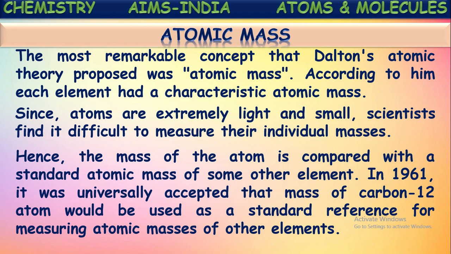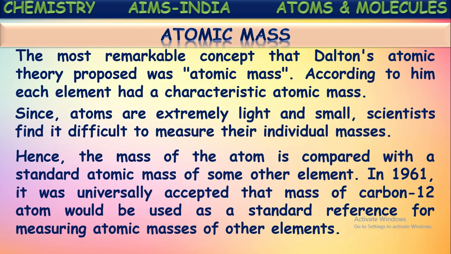Scientists together universally accepted the mass of the carbon-12 atom. Here, 12 represents the isotope. We know carbon contains three kinds of isotopes: carbon-12, carbon-13, carbon-14. These numbers 12, 13, 14 represent the mass numbers of those carbon atoms.